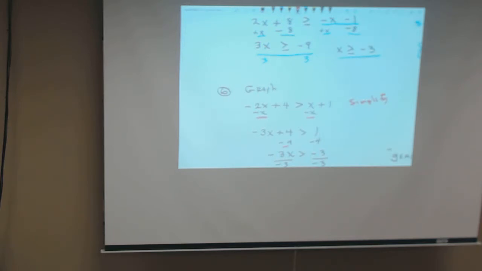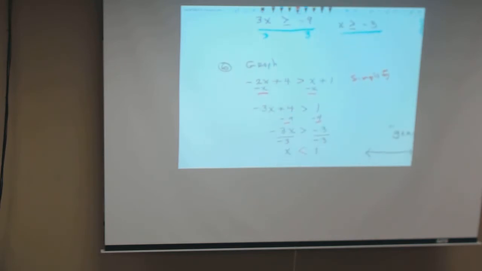Subtract 4 from both sides, and I get negative 3x is greater than negative 3. Then I divide by negative 3, and that changes this, reversing the inequality sign. Remember that? So now I end up with x is less than 1.